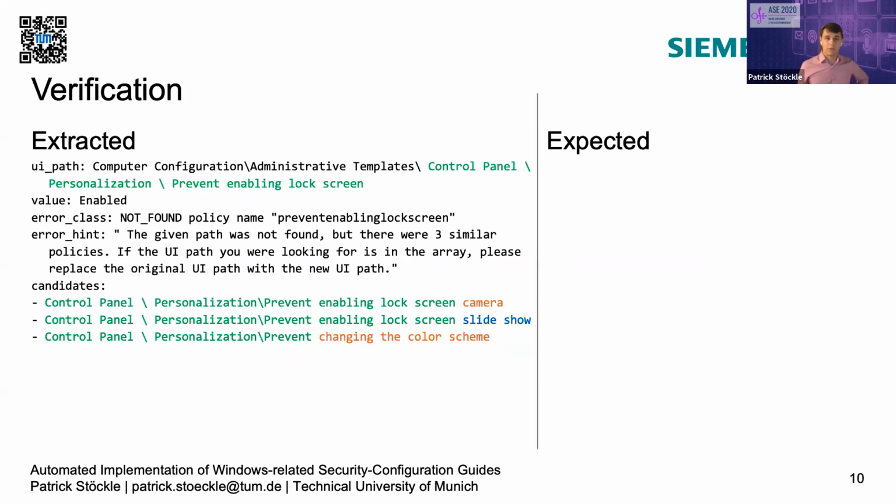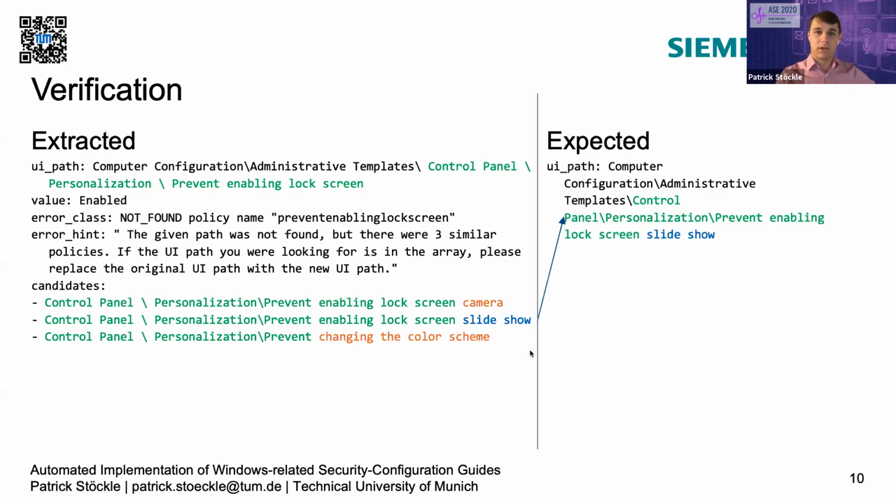Another small example: we have a security configuration rule and we extracted the path incorrectly because we missed the slideshow here. So we extracted only up to the lock screen, and what our tooling can now do is present several options based on the Levenshtein distance between the extracted path and the potential right paths.